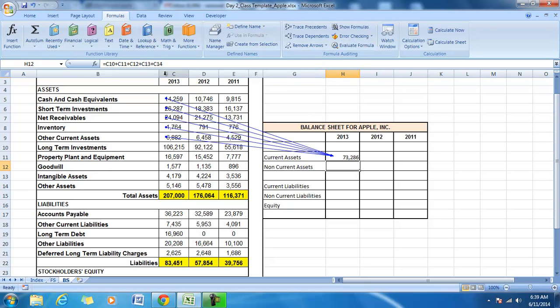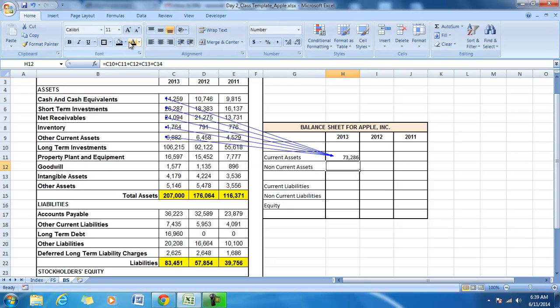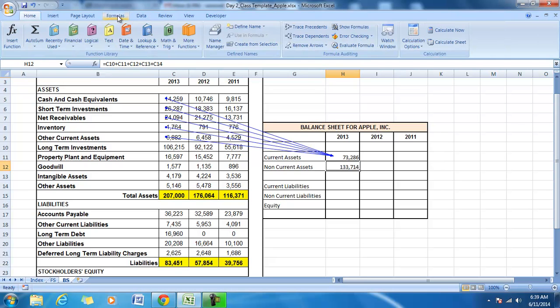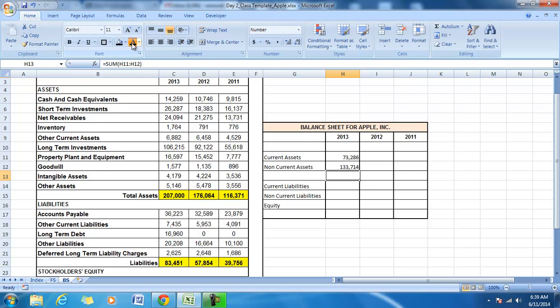And the non-current assets are the summation of long-term investments, property, plant and equipment, goodwill, intangible assets and other assets. So we have converted all the assets into two broad categories, that is the current assets and non-current assets, and the total of the current assets and non-current assets is 207,000 millions.